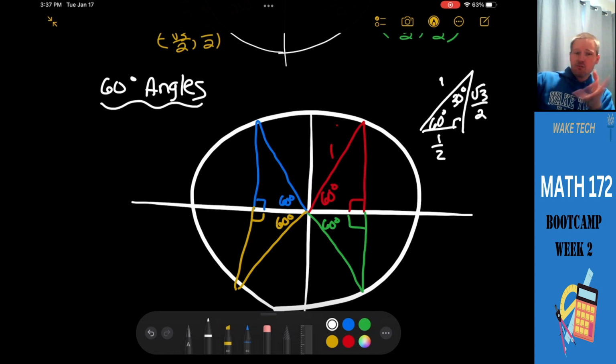None of that changes, we're just manipulating the triangle a little bit, but the side lengths are still the same. So that tells us that the ordered pair here, the side along the x-axis is a half, and the vertical side, the y side, is the square root of 3/2.